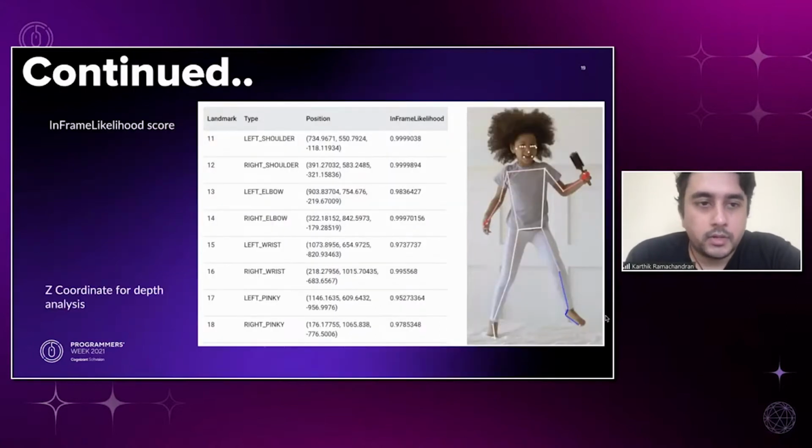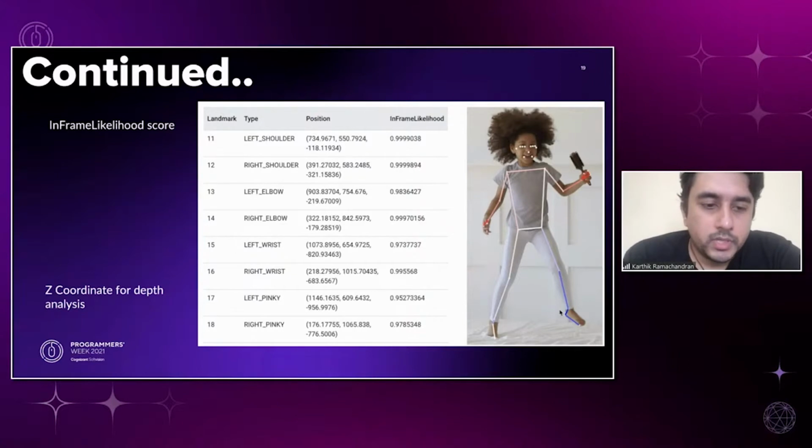After you do the tracking, there's a variable called in-frame likelihood. It's like a confidence meter, its value varies from 0 to 1, and if it is like 0.99, that means it has detected the joint, let's say the left shoulder or the right shoulder, or any other landmark, properly.